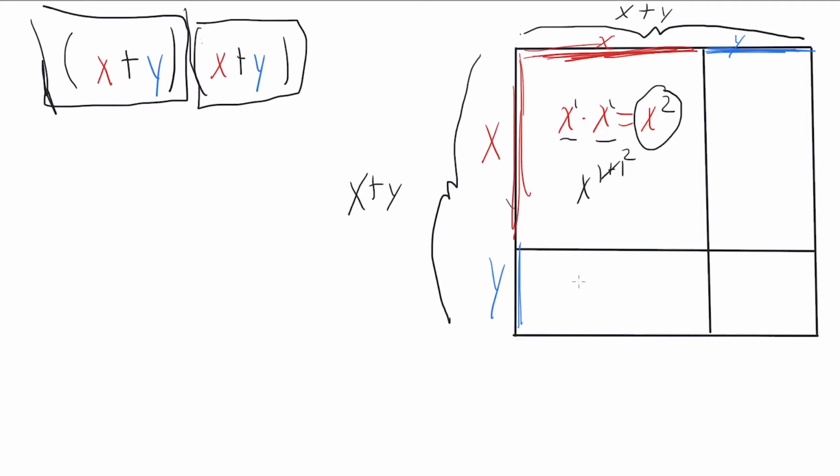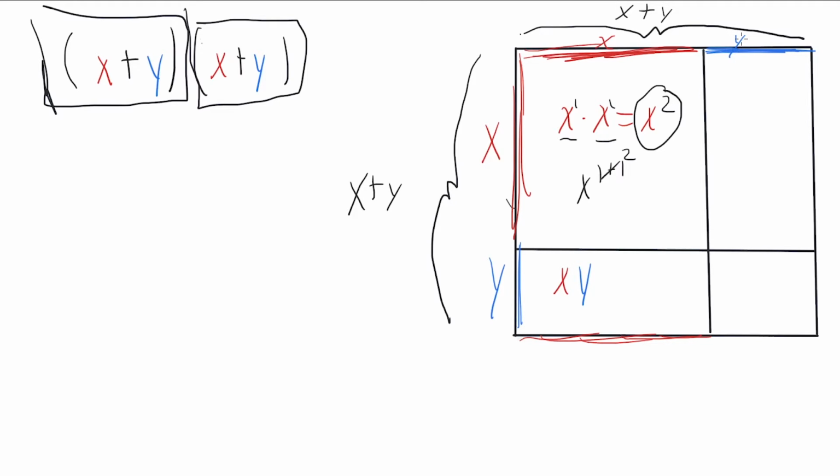Alright, that's the area. Now let's calculate the area of this quadrant. So we know one side length is y, as you can see here, and one side length is x. So the area of this would be x times y, or just xy. You could also write it as yx, since the order in which you multiply doesn't matter.